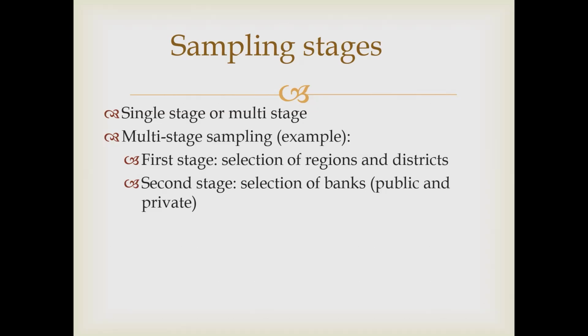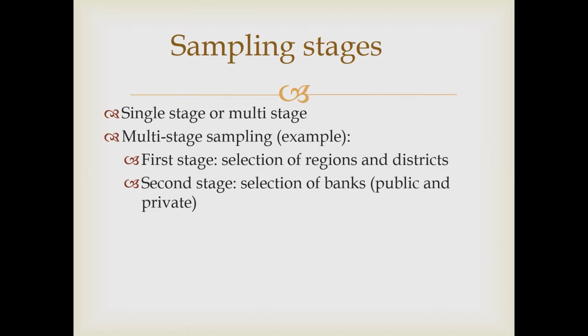We are going to study only a sample. From the public sector banks, we select one or two. From the private sector banks, again, we select one or two or three as a sample. That is the second stage. So we have selected districts in 3 regions, and 2 or 3 public sector banks and 2 or 3 private sector banks.